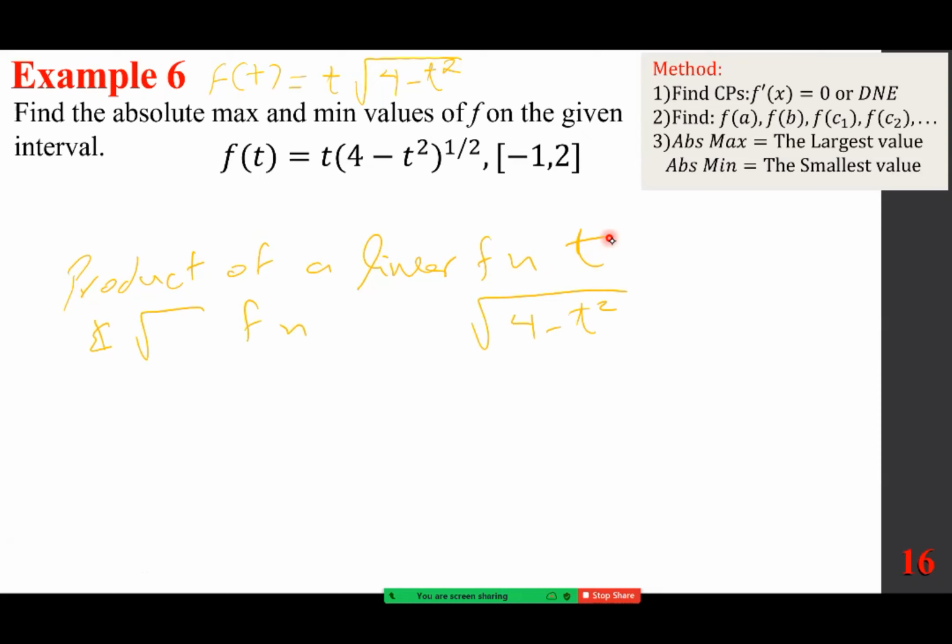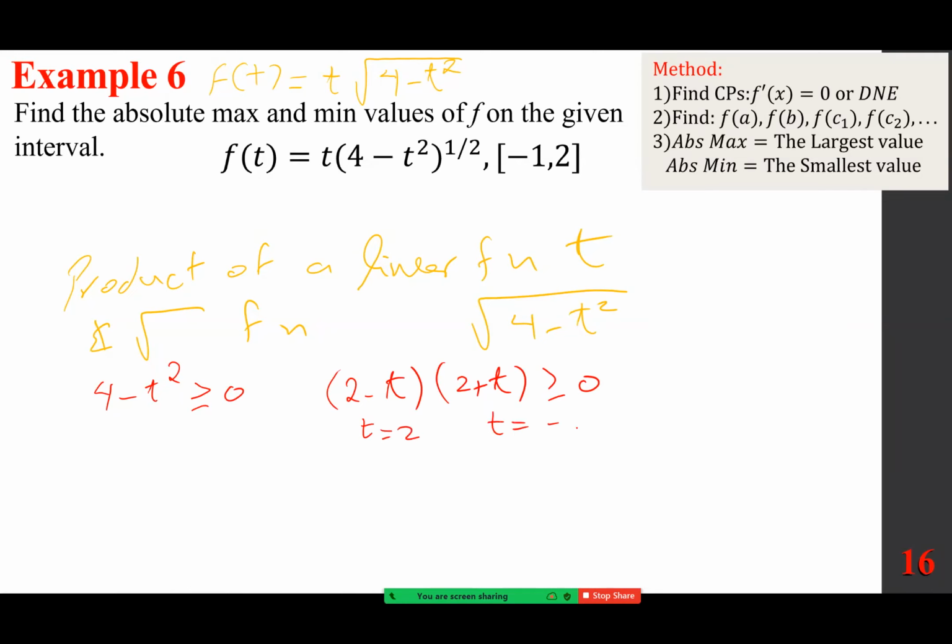It's a polynomial of degree 1, and the domain is all real numbers, but this one has a restriction, and the restriction is the radicand must be non-negative. That is how you find the domain, which is 2 minus t times 2 plus t larger than or equal to 0. If you set this one equal to 0, you get t equals 2. If you set this one equal to 0, you get -2.